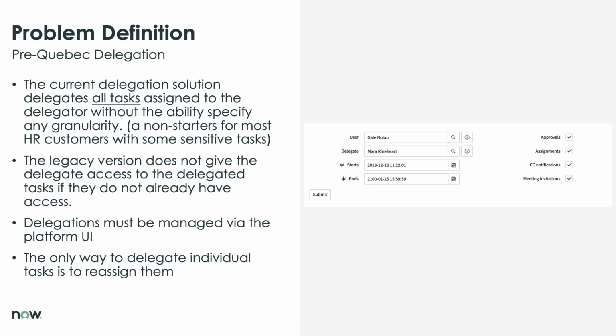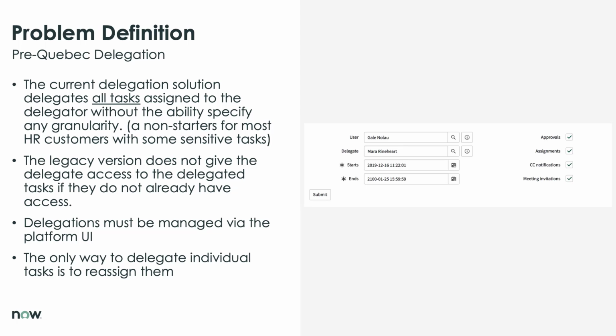So granular delegation was created to solve for some problems with the existing delegation feature, mostly which revolve around it being essentially an all or nothing scenario, where currently the delegation feature allows users to select a delegate, a start and end date for that delegation, but then from there on, essentially everything that would have been assigned to that user is now assigned to that delegate.